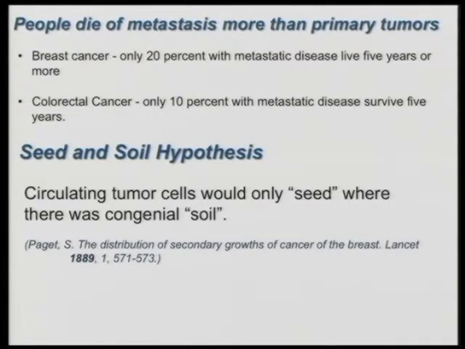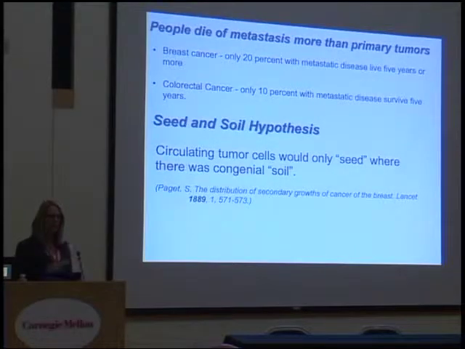Hopefully not, but especially if you've had cancer, they check now for circulating tumor cells or disseminated tumor cells in the bone marrow, because that maybe makes you more likely to have a metastasis. Well over 100 years ago, before anybody really understood this process, Stephen Paget noticed that circulating tumor cells only seed where there's congenial soil. What they now call this is the tumor microenvironment.